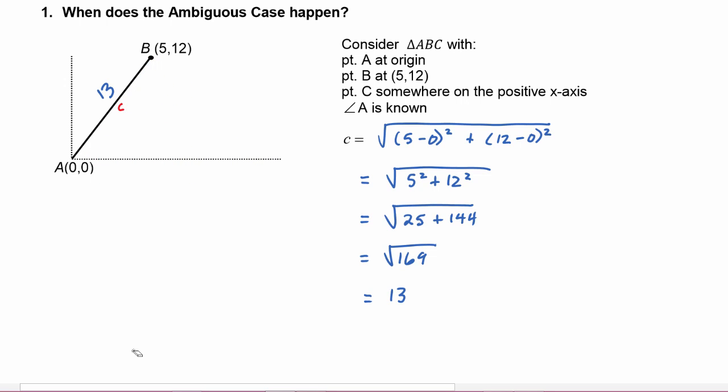Now, one thing that we should consider before we explore those 4 cases is the height that point B is above this positive x-axis. If we were to drop this perpendicular line here, we know then that the length of this dotted segment is just going to be the y value of the point. So we know that this is 12, and we're going to use that to help us look at these 4 cases.